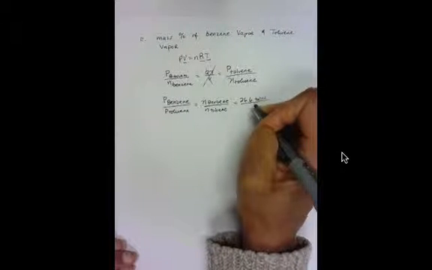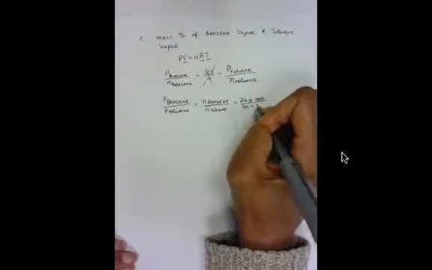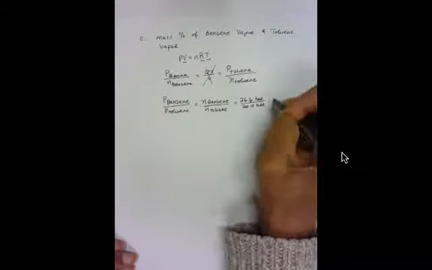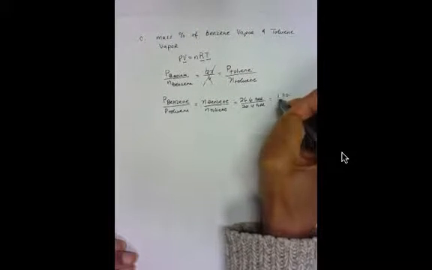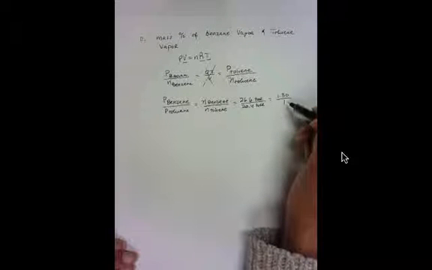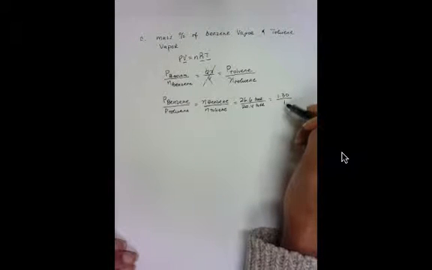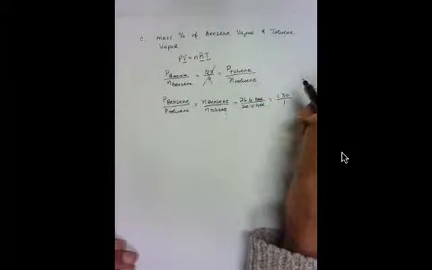The partial pressure of toluene is 20.4 torr. Again, we just need a ratio. Simplified, the vapor phase contains 1.3 moles of benzene for every 1 mole of toluene.